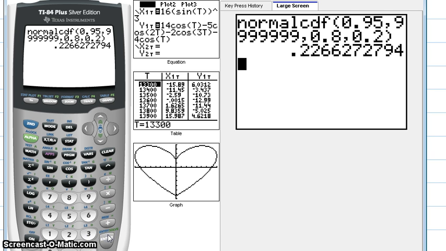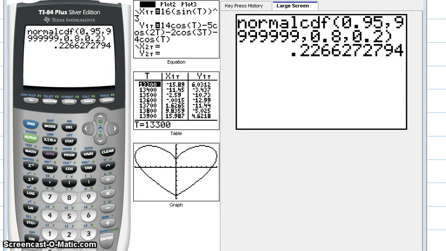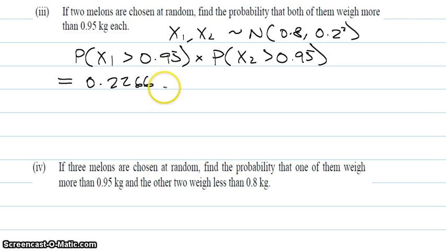So when we key all of that in, we get 0.2266272794. So I may as well just write that down. Good practice is 0.2266272794, times the same thing, because it's the same distribution, right?